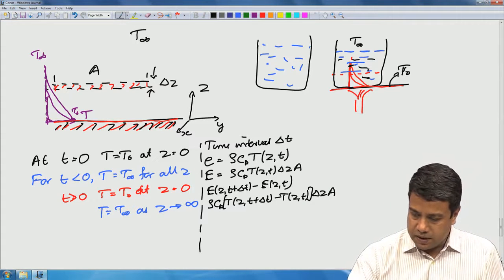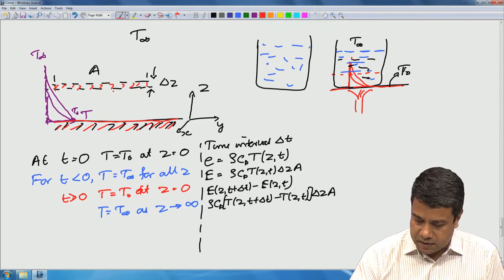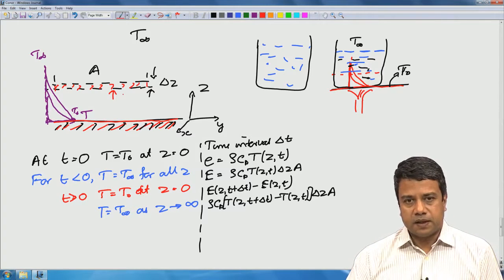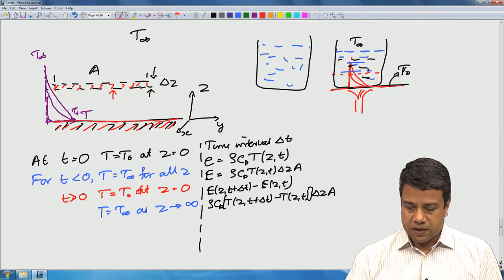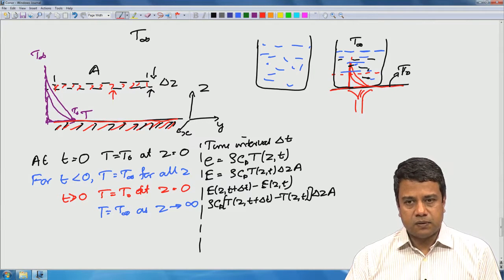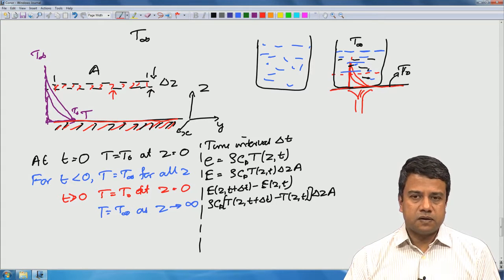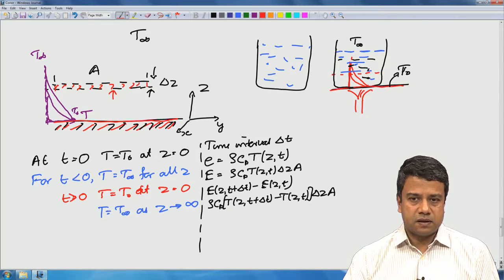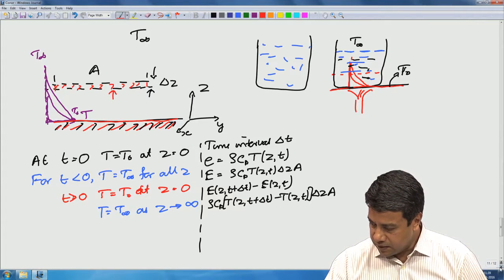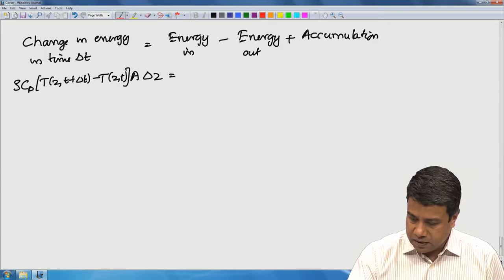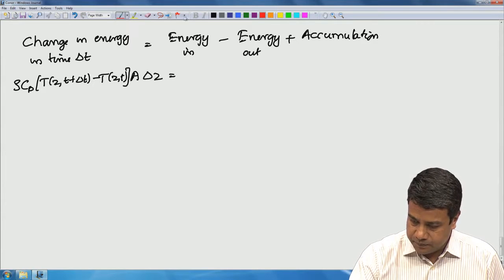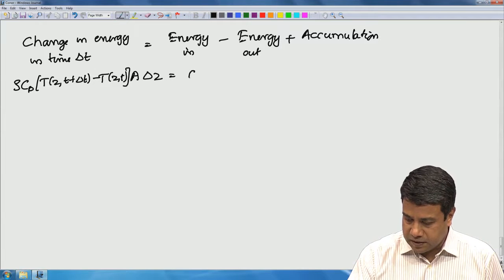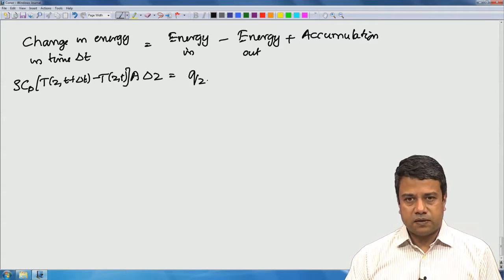Now, what is the energy coming in at the location z? The energy in at the location z is going to be equal to the thermal diffusion coefficient times the temperature gradient at that location. So, this will be equal to the flux at the location z.